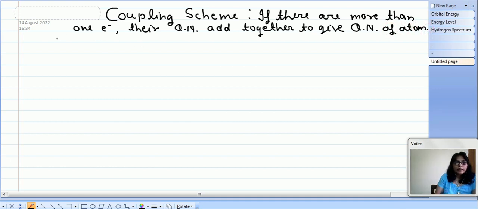So there may be two types of cases. Let us take one example, magnesium. Magnesium has atomic number 12, so the electronic configuration will be 2, 8, 2. This 2 and 8 will form a core, and there will be two different electrons, these two.